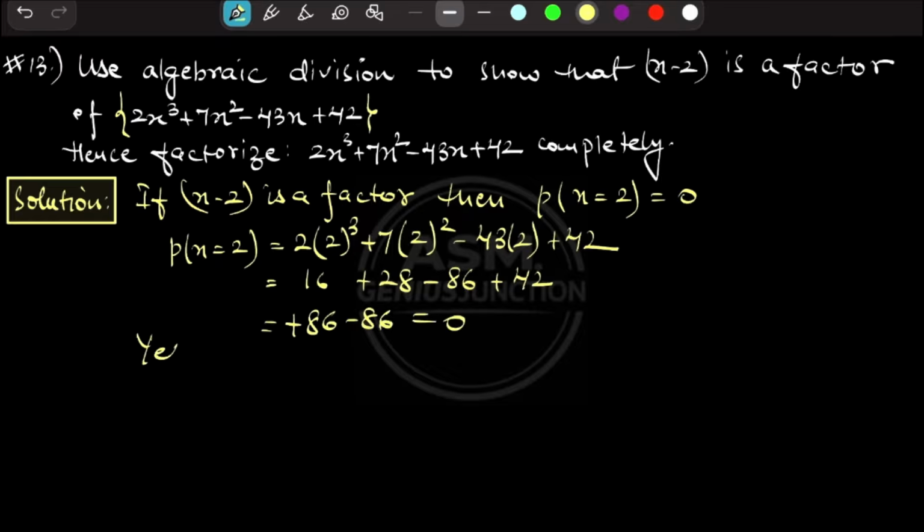In the next part, he wants you to factorize this complete expression completely. Okay, so let's divide this complete expression with polynomial x minus 2. So this is our polynomial. Let's take this to the next page. Okay, the question is pasted.